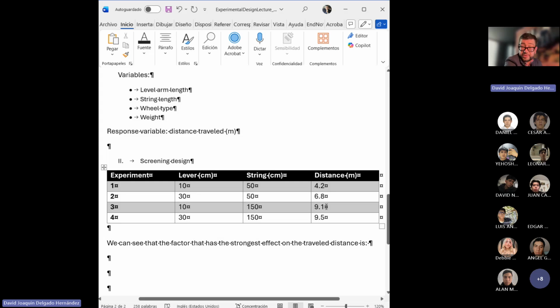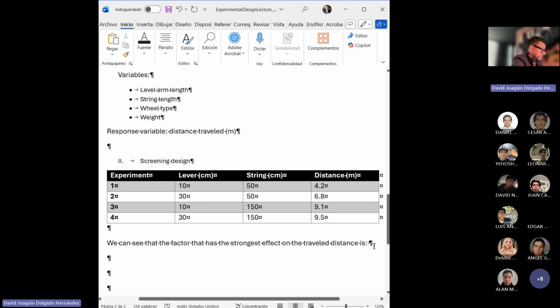But if you increase this length from 10 to 30, you also increase the distance, right? Now instead of 4.2, you have 6.8. And instead of 9.1 in this part, you now have 9.5.